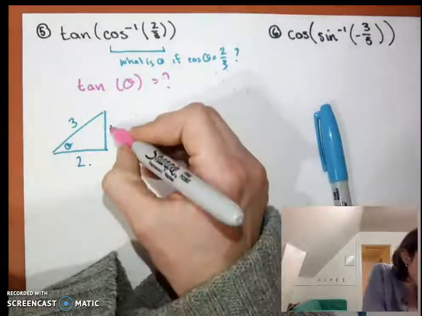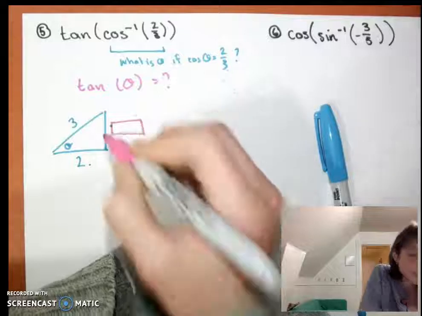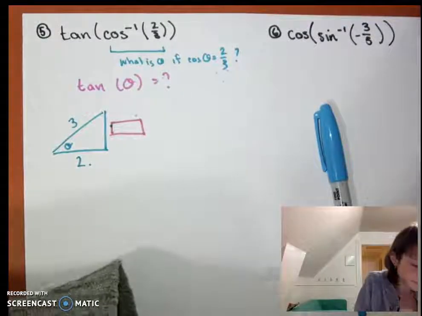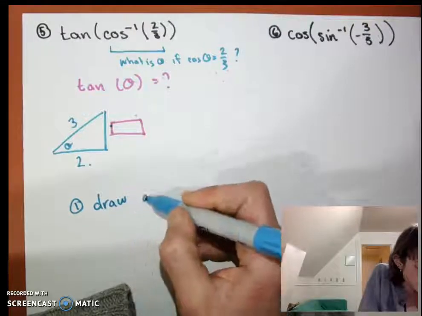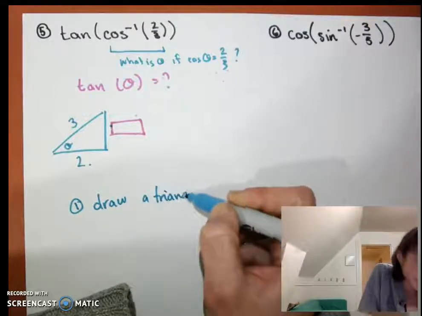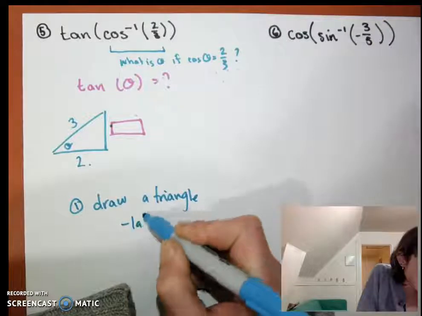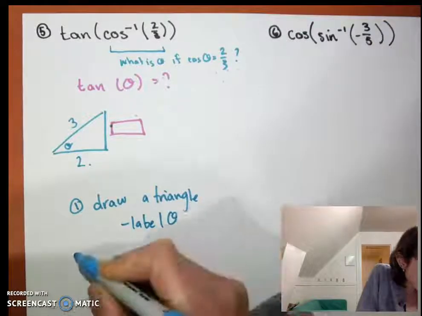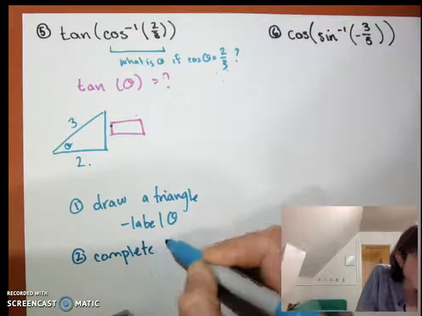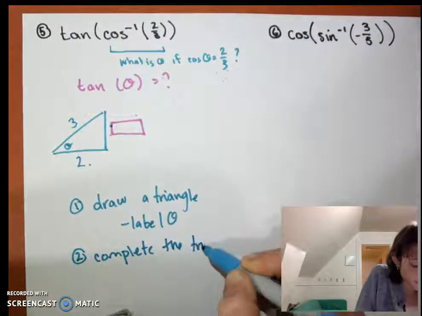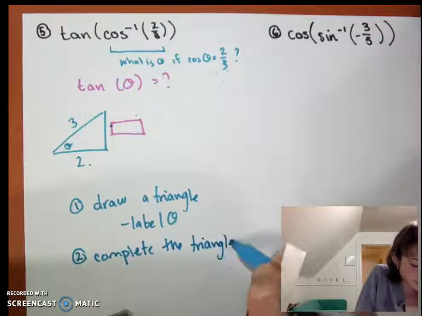So what I need to know is what is the opposite side. So my first step is to draw a triangle and label theta. My second step is going to be to complete the triangle to solve.